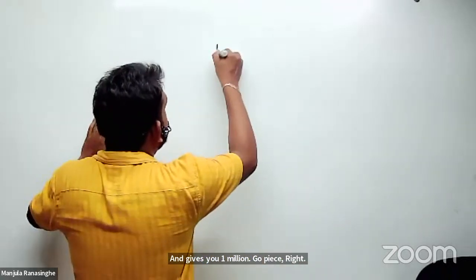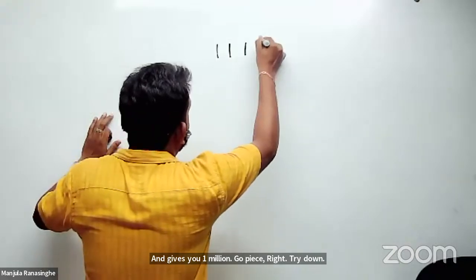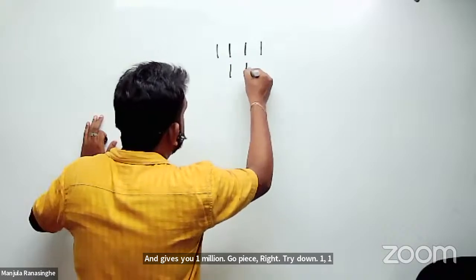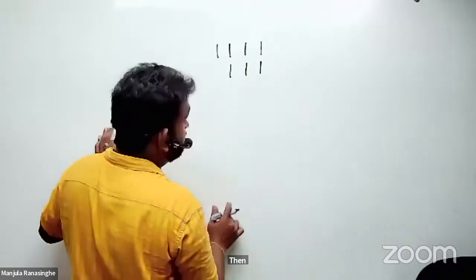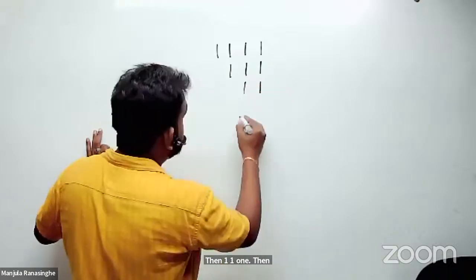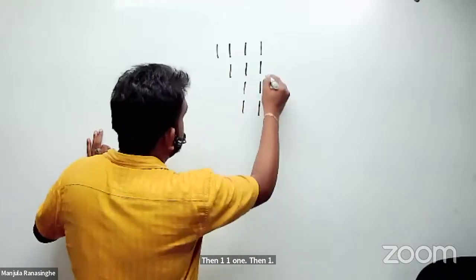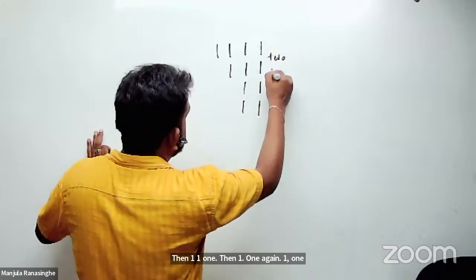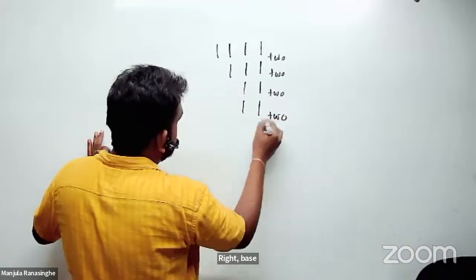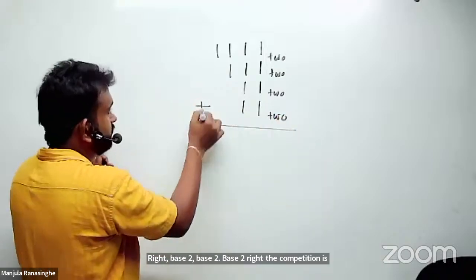Write down 1111, then 111, then 11, again 11. Base 2, right? The competition has started. You can take the answer.